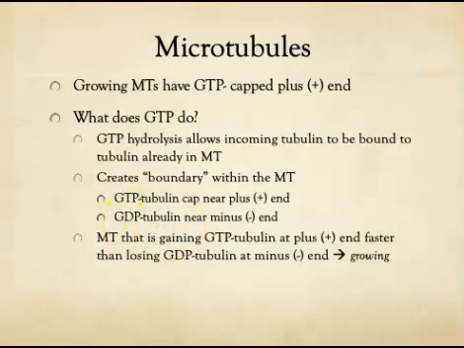That means if you could stop the treadmilling for just a moment in time, you could see a lot of GTP bound tubulin near the plus end and a lot of GDP bound tubulin near the minus end.